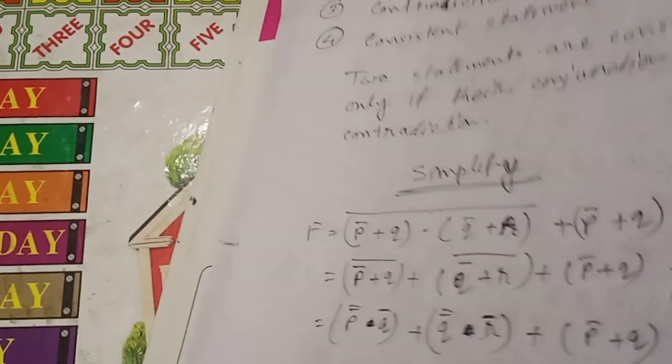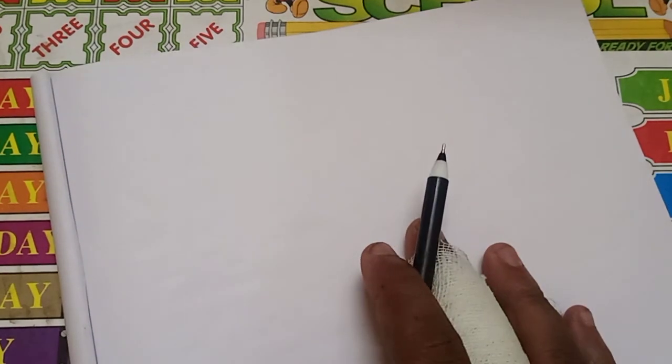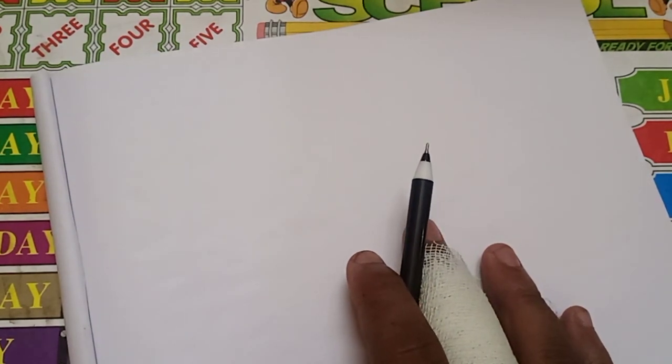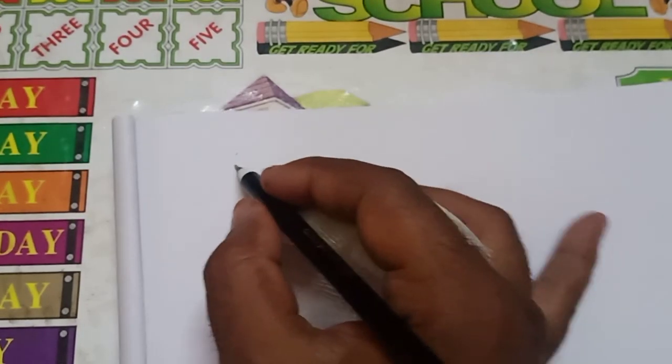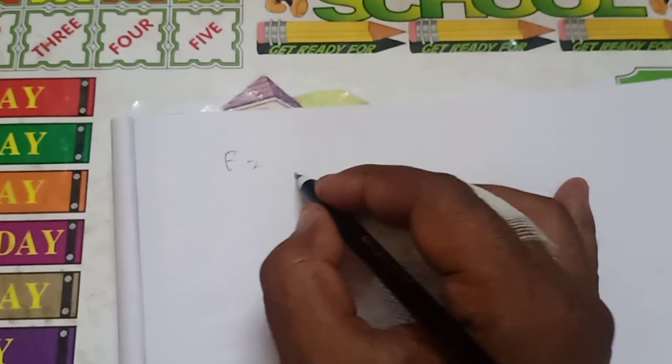Or you can do one thing, we can write it a different way. Suppose you have an expression f is equal to the expression.